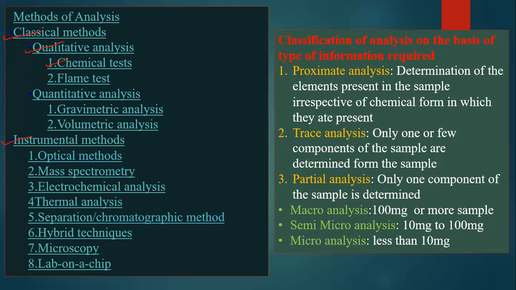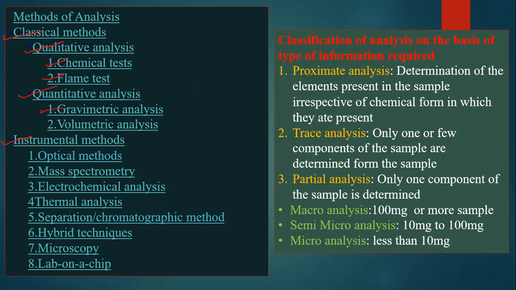You carry out a flame test, and you come to know whether the substance is aromatic or non-aromatic, or aliphatic. You may observe a sooty flame in your laboratory. Then quantitative analysis, by which you come to know how much quantity of substance is present.